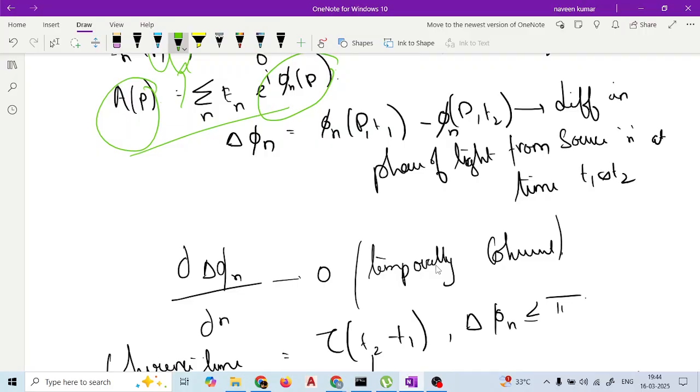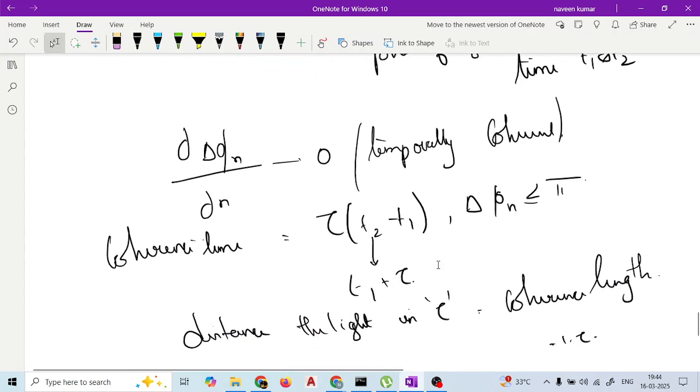And we are also talking about phi n at a point P being measured at a time t1 as well as phi at the same point at time t2 also. That is why tau, t2 minus t1, comes into the picture. So right now we are interested in the temporal condition, and that leads to the question of whether it is temporally coherent or not.